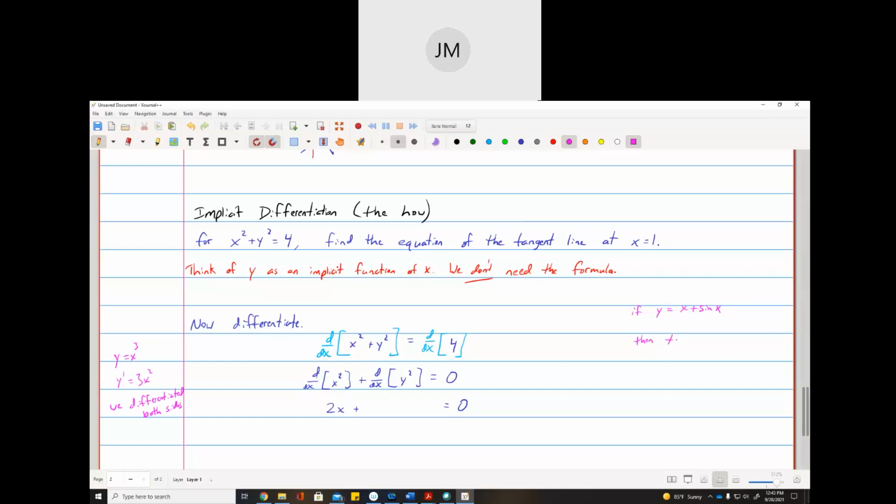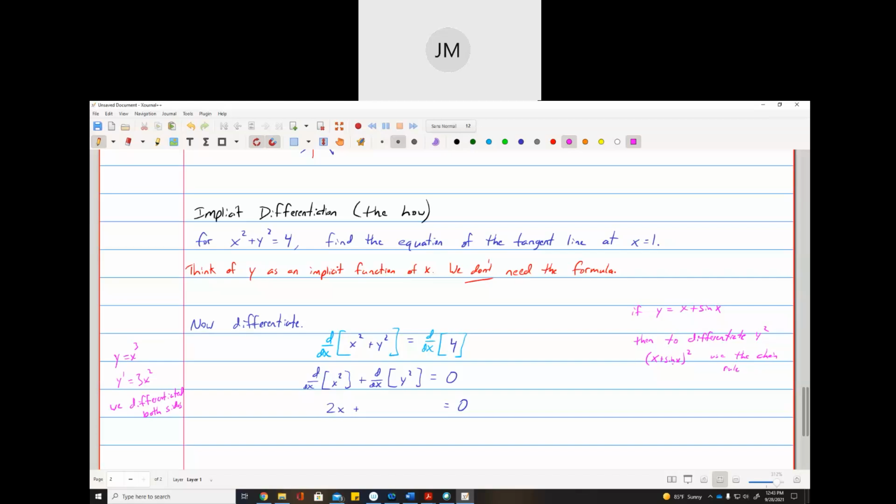Then to differentiate y squared, I could just think of this as x plus sine x, squared. And I would use the chain rule. So then I would take the derivative of the outside, so the 2 would come down, inside stays the same, and then I would multiply by the derivative of the inside stuff.